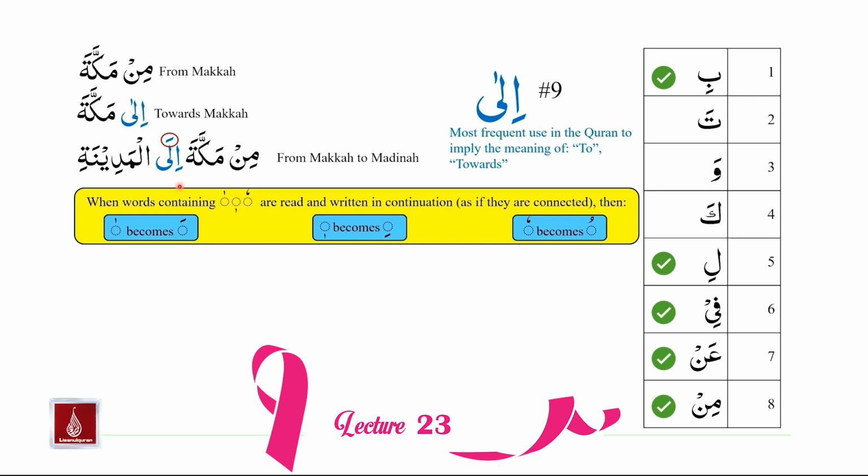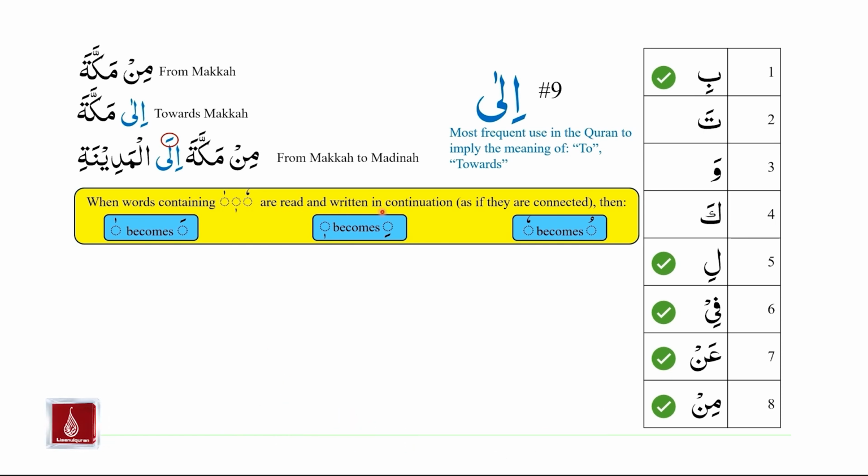When words that contain the vertical zabar, the vertical zair, or the inverted pesh are read and written in continuation as if they are connected, then the vertical zabar becomes a regular zabar, the vertical zair becomes a regular zair, and the inverted pesh becomes a regular pesh.